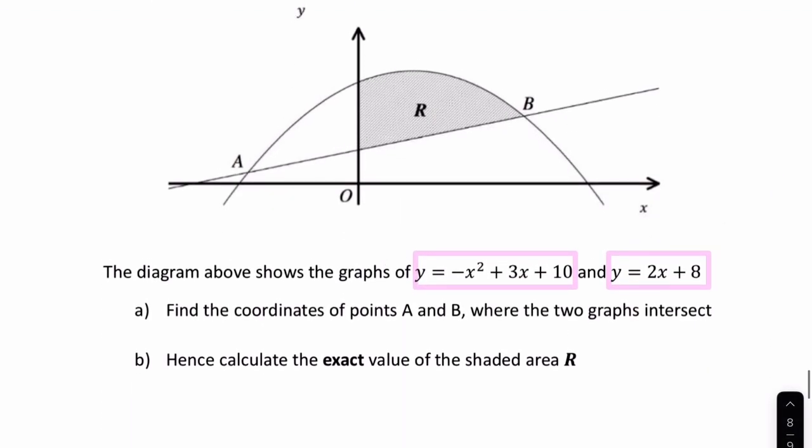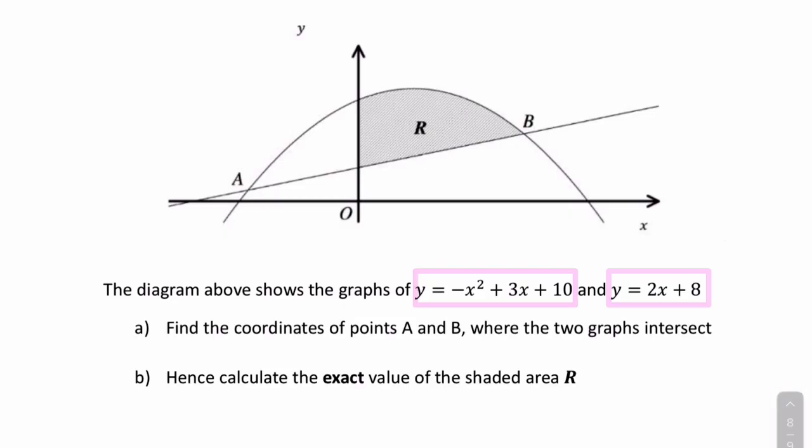The question then goes on to say, find the area enclosed between the two graphs. So to find the area, we need to find the height of these strips, because you're going to divide the area into a number of strips, and then you're going to integrate these strips added together.